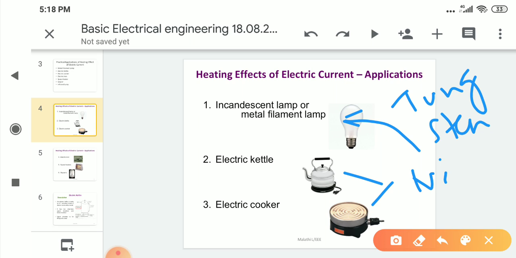When we give electric current, it passes through this filament and raises its temperature, and this heat energy is generated. The inert gases conduct heat energy from the filament to the glass bulb, and heat is also radiated into the atmosphere.